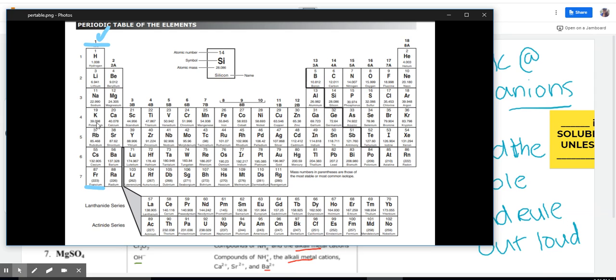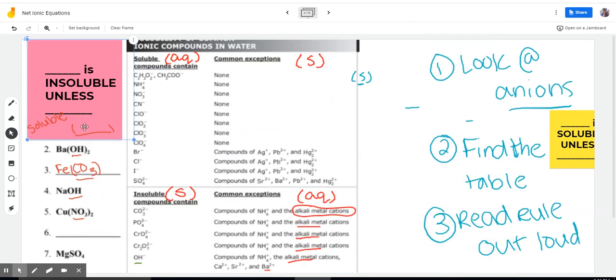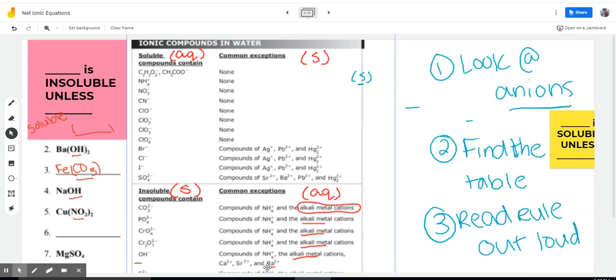So once again, though, barium way down here is not a group 1 element, so it is not that one. And then we end up seeing calcium, strontium, and barium. Oh, barium is listed clearly right there. And so what that tells you is that it does have the exception.